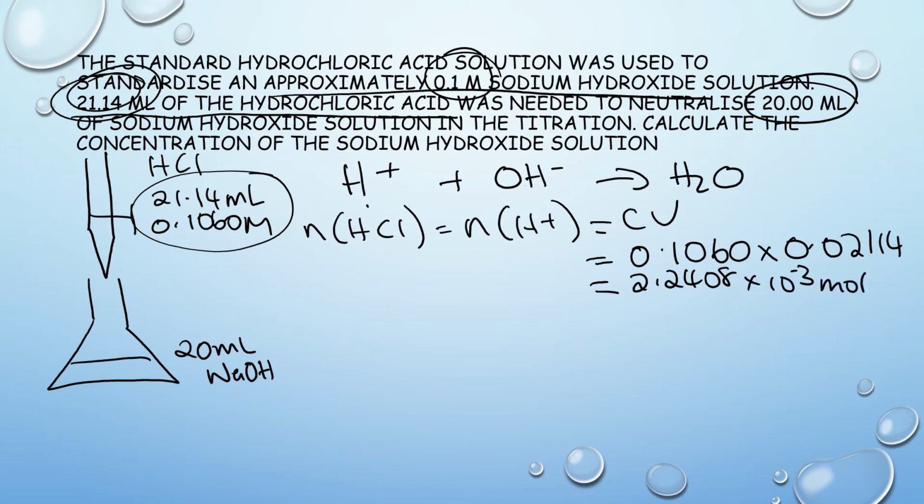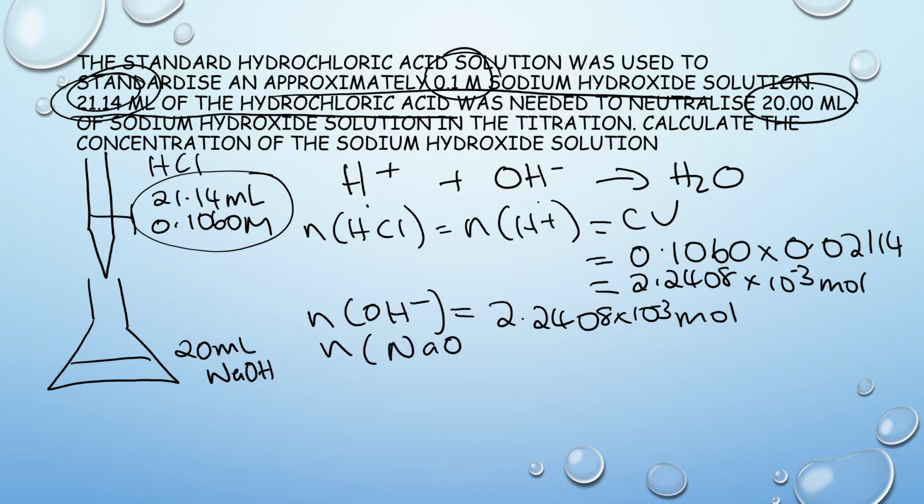Now this is a 1-to-1 ratio, so the number of moles of hydroxide is the same, and therefore the number of moles of sodium hydroxide is the same.